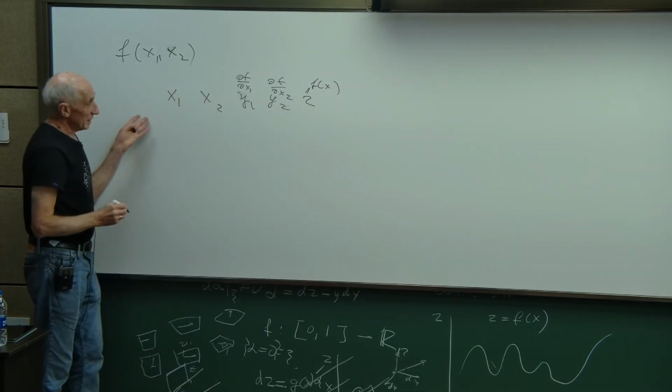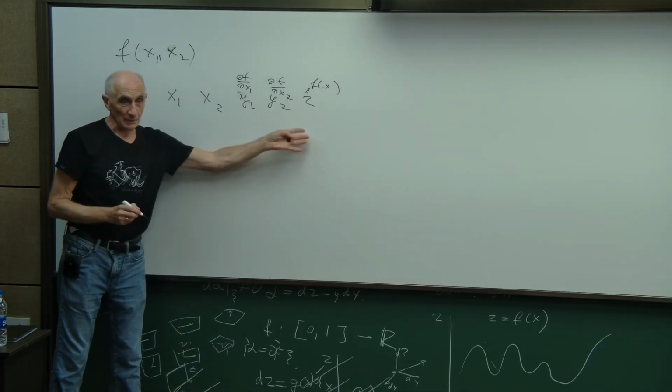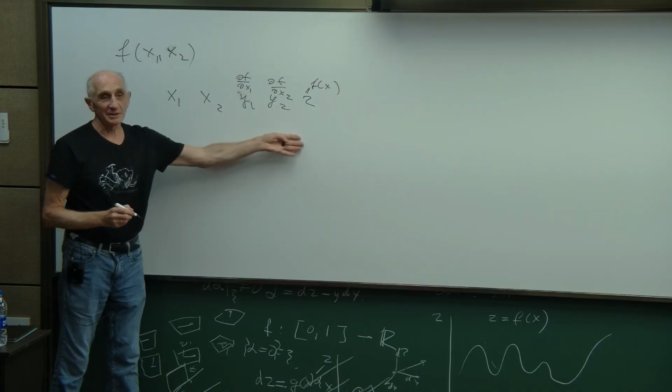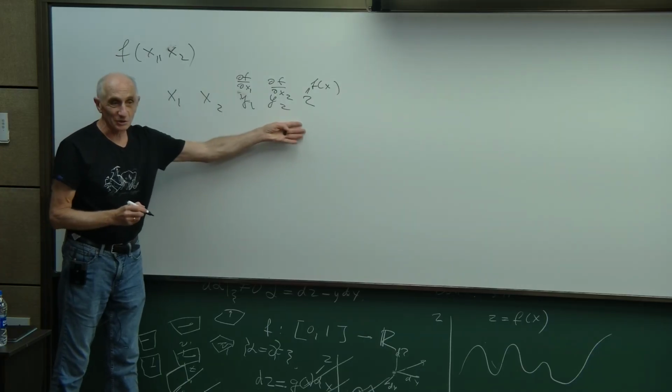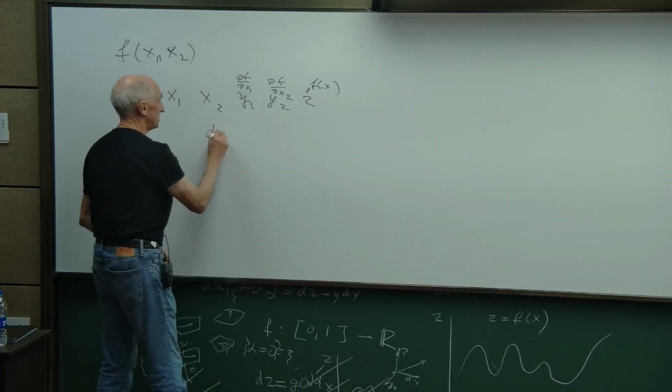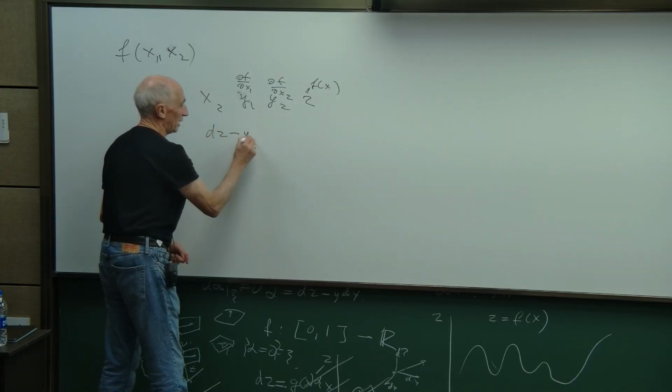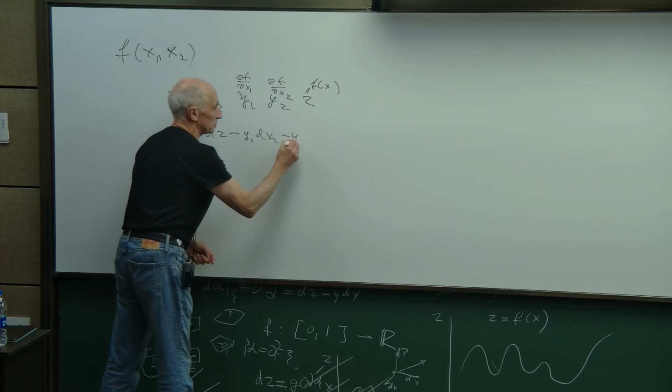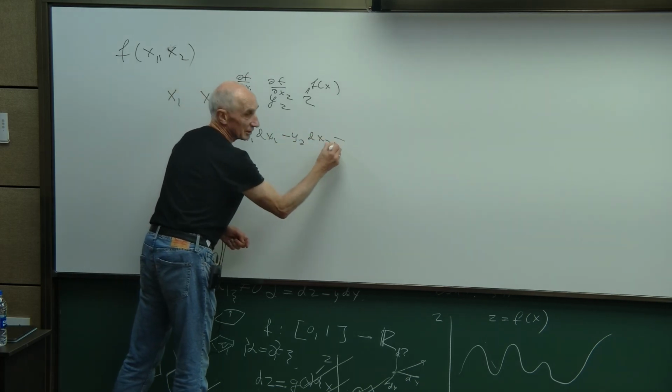And then you can also consider this contact structure. You get the condition dz minus y1 dx1 minus y2 dx2 is equal to 0.